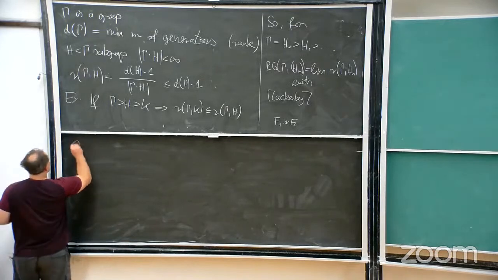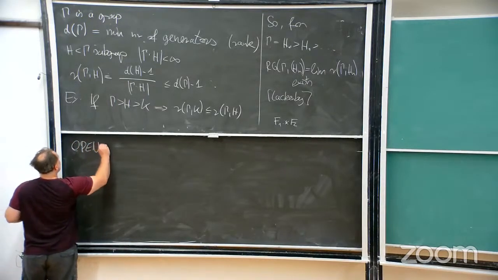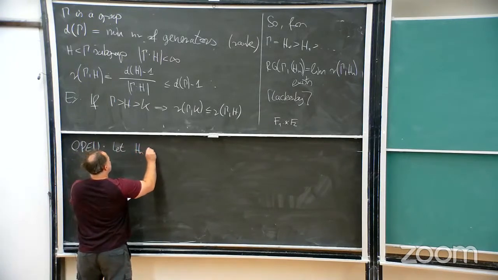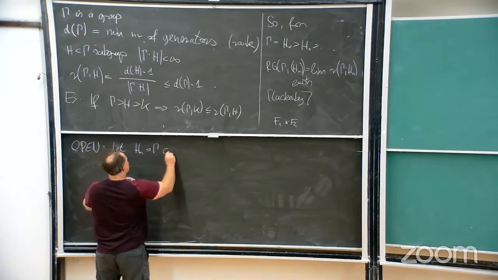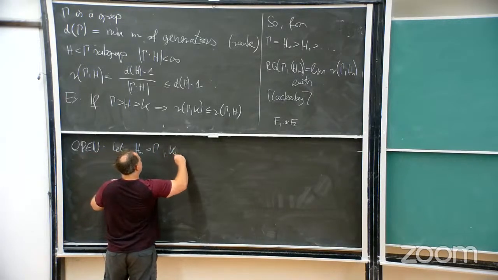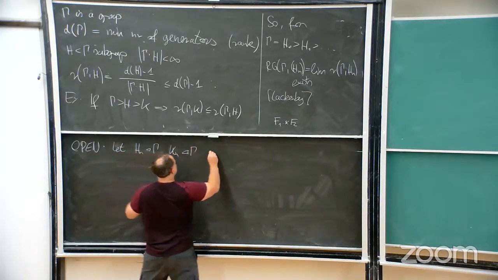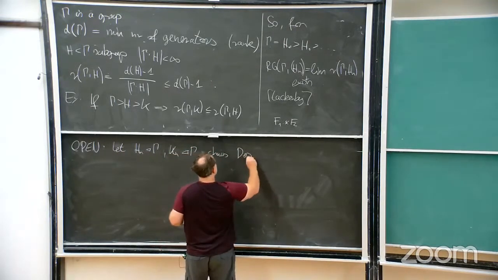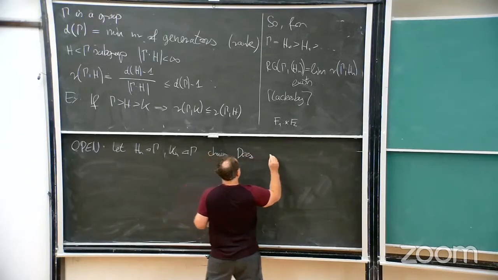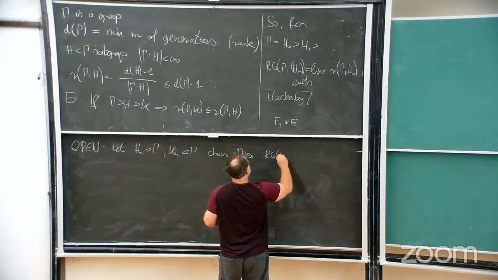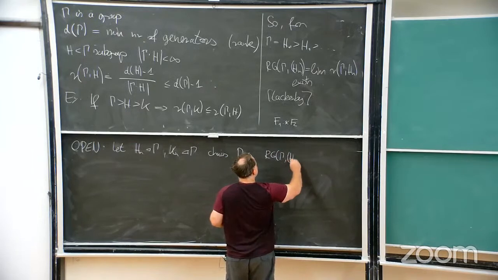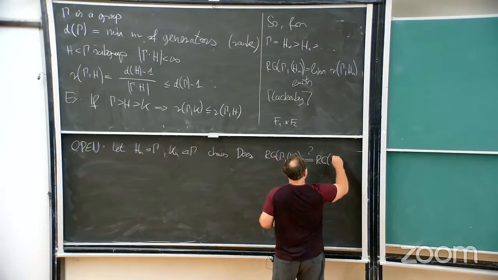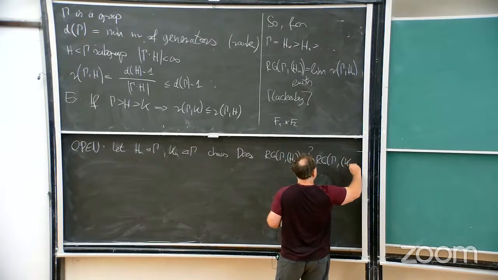So, open problem. Let Hn be normal in Γ, a chain, and Kn be also normal in Γ, both chains. Does it follow that the rank gradient of Γ with respect to one is equal to the rank gradient of Γ with respect to the other?